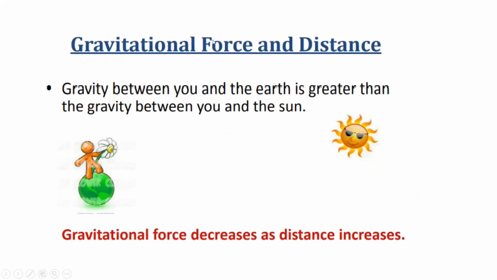Let's see how the force depends on the distance between the two masses. The gravity between you and the Earth is greater than the gravity between you and the Sun. Why? Because the distance from you to the Earth is less than the distance between you and the Sun.